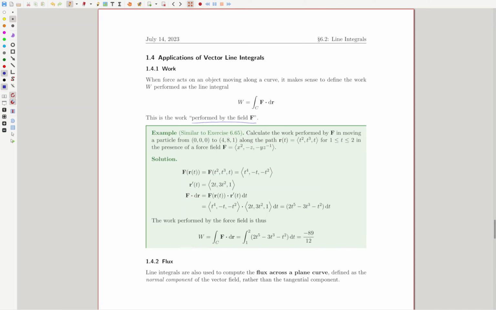R prime, you just take the derivative, that's pretty straightforward. Then you take a dot product, and that should be straightforward as well. You can see you get that. And so this is what you have to integrate from 1 to 2, and you can go ahead and compute that. That's just a polynomial. I didn't bother to write down the details of that. Should be fine. Okay.